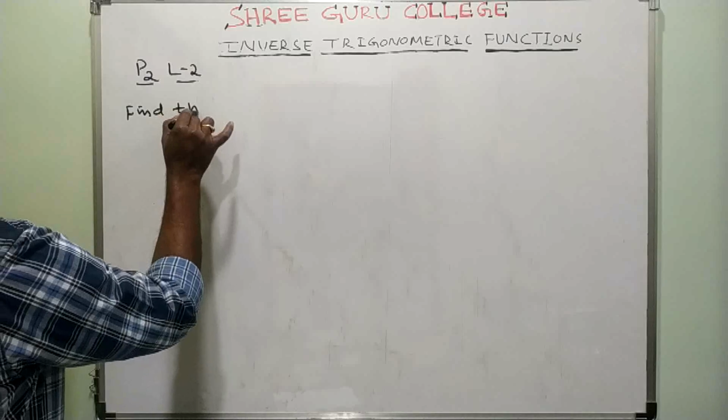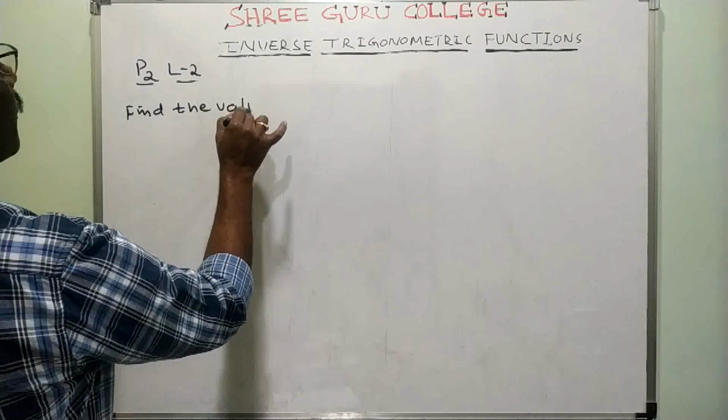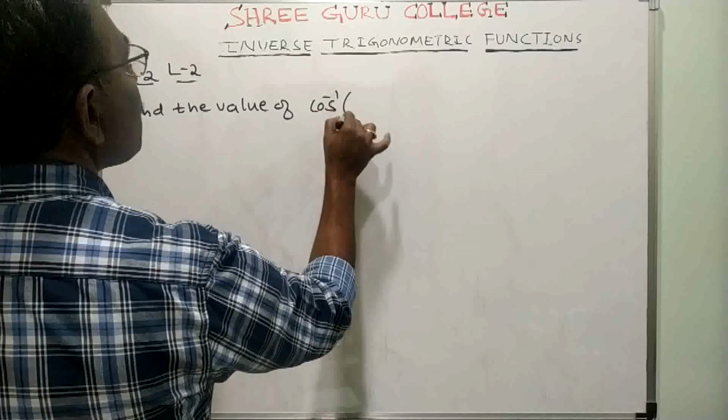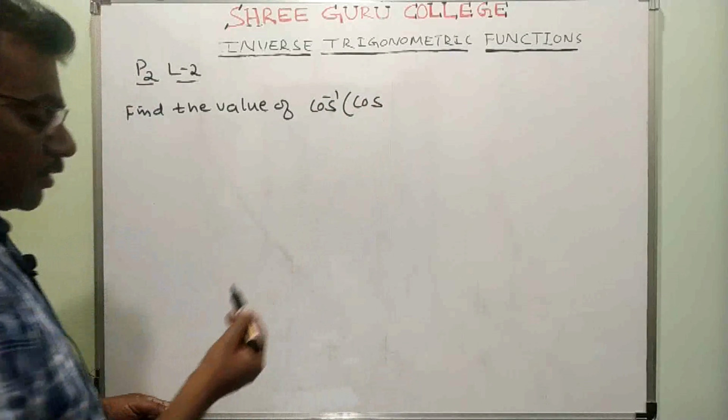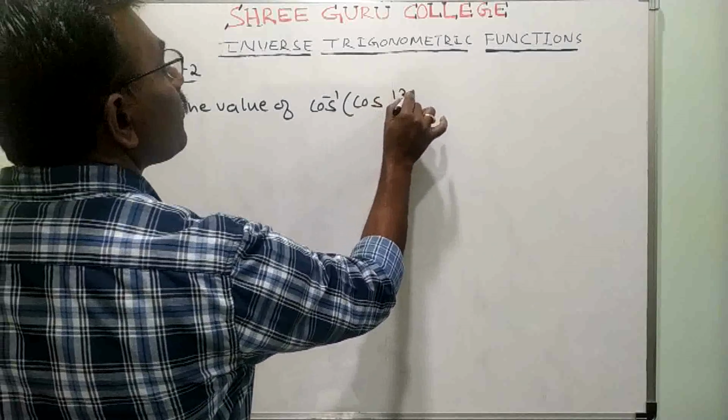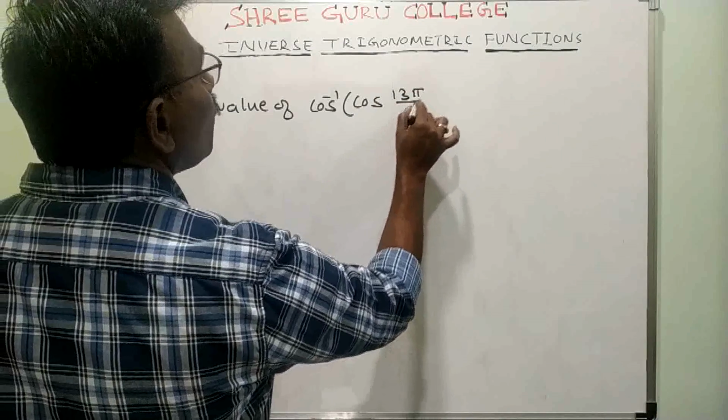Find the value of cos inverse of cos 13 pi by 6. One more problem.